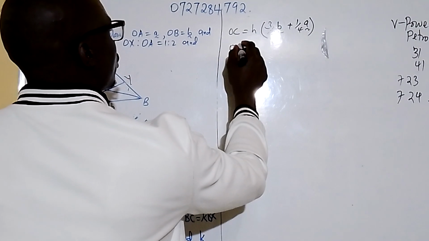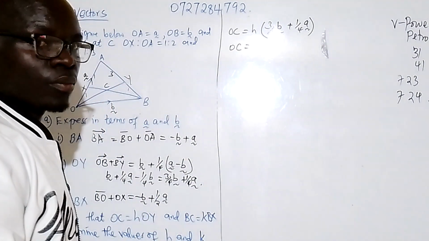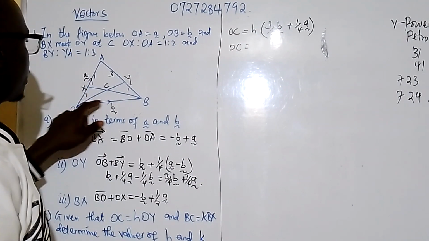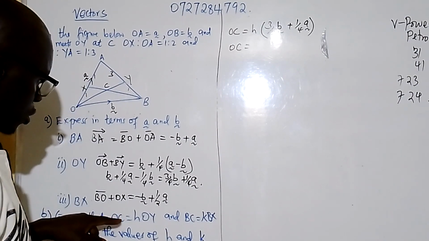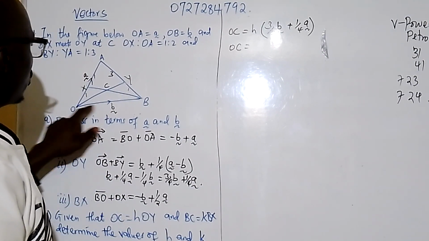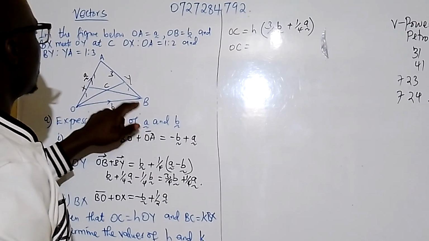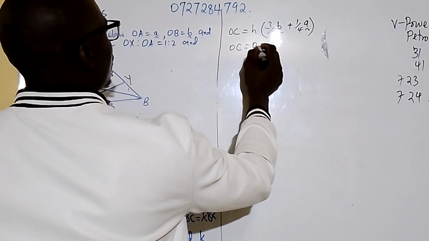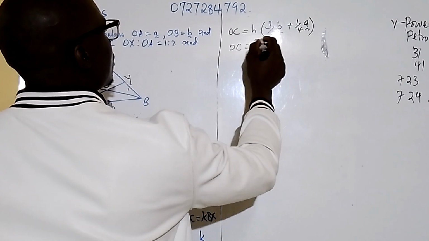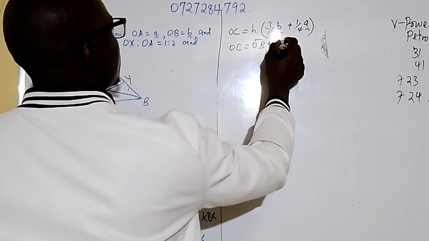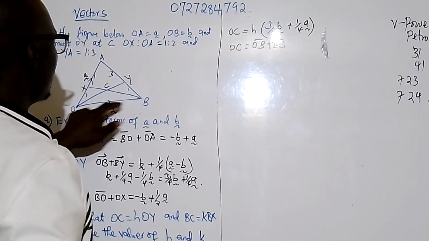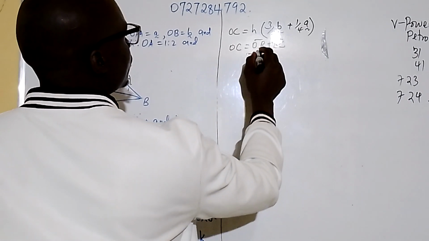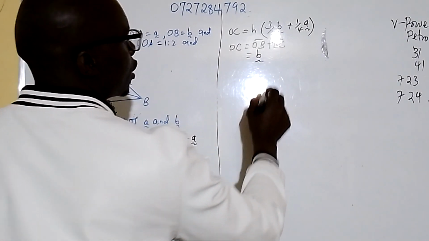Another route, OC is equal to OB plus BC. Okay? So OB is vector B. Are we together?